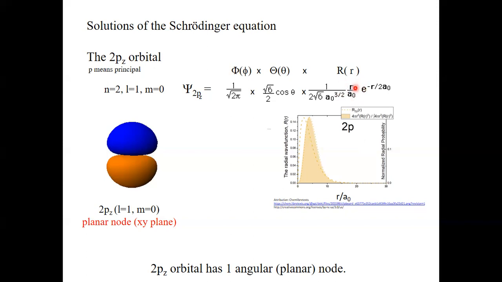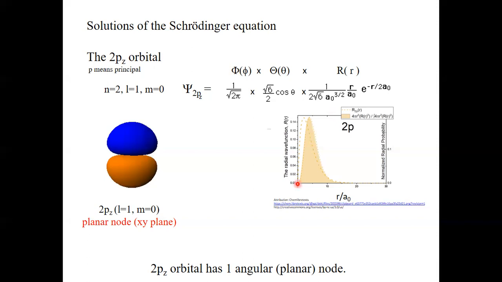Okay. Now, what about the probability function? Also for the probability function, the point in space at which the probability is the highest to find the electron is no longer at r equal to 0.